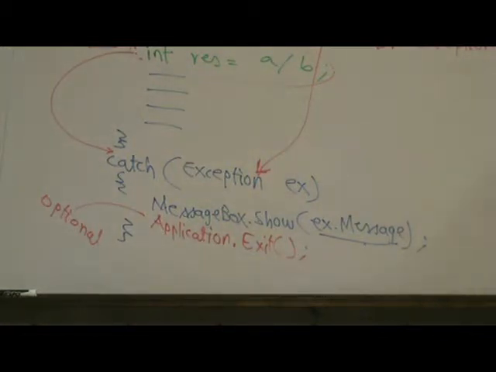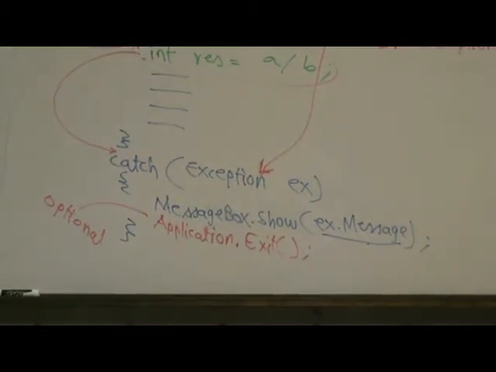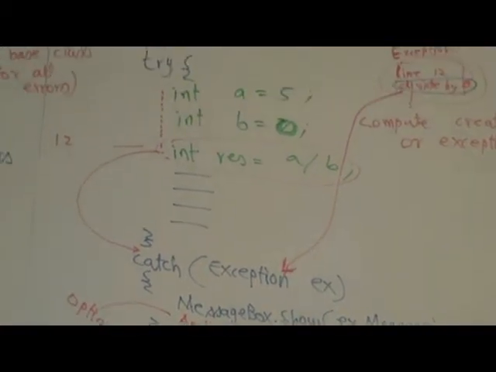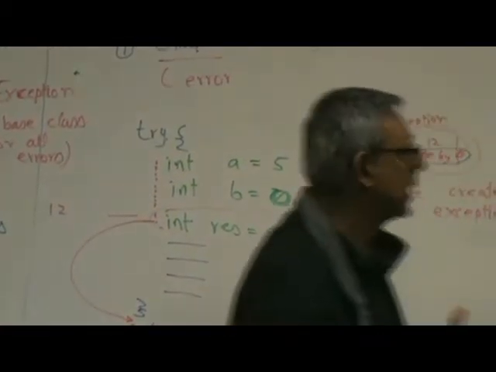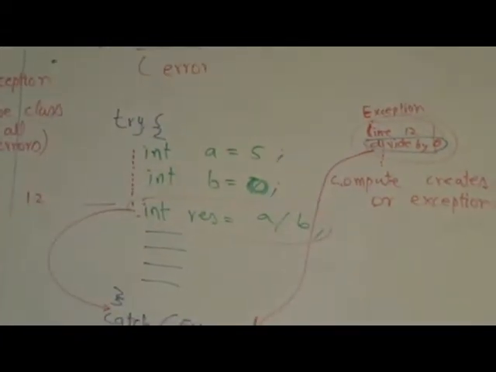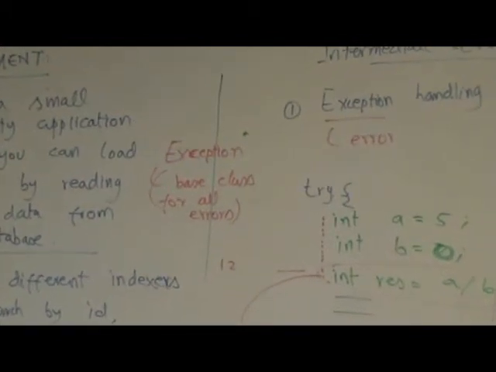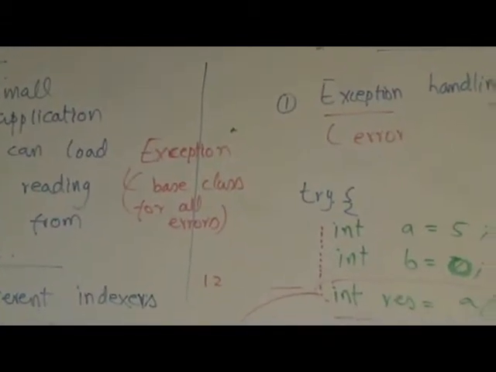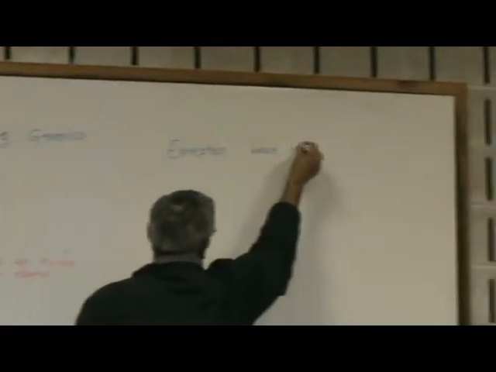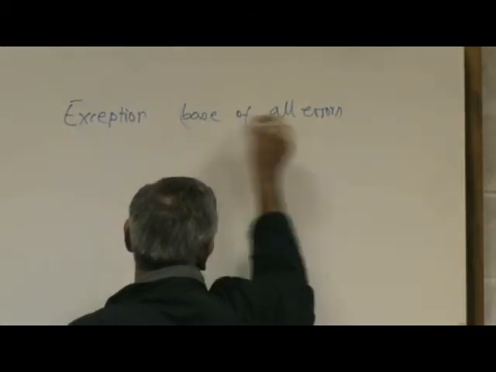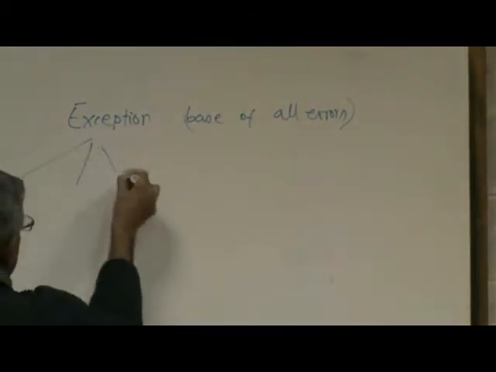Now there are many different kinds of errors, and each error has a corresponding class associated with it. The base class of all those errors is called Exception. So in the .NET library hierarchy, Exception is the base of all errors. Then it's divided into many subcategories.